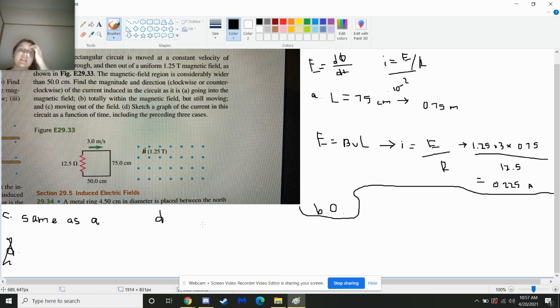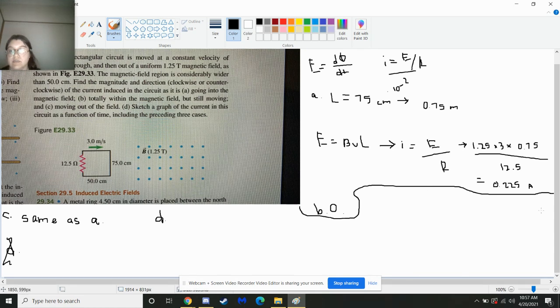Something that I forgot to mention for A and C is that C, I believe, is counterclockwise, and A is clockwise. The work is the same, and the magnitude for both is 0.225 A. But since C is leaving the field, it's counterclockwise, and since A is entering the field, it's clockwise. That is what's reflected in the graph, and you're going to see that now.